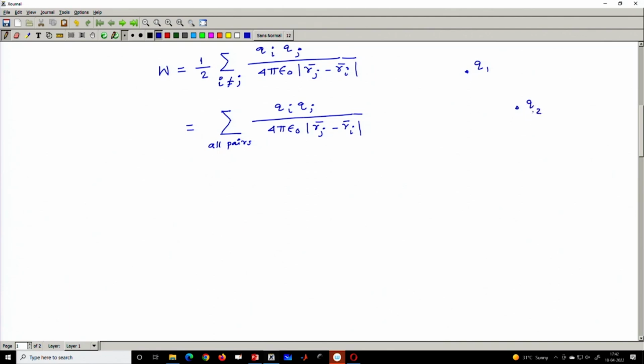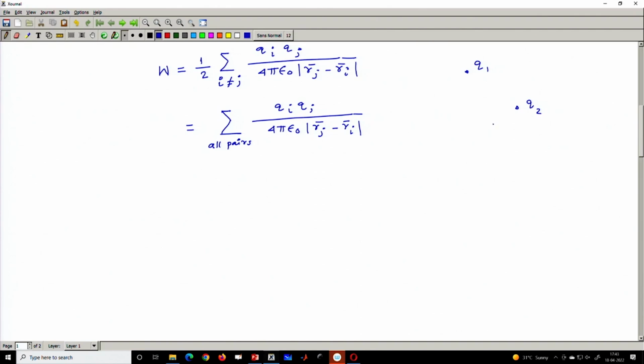Otherwise, I can take i as 1 and j as 2, and also i as 2 and j as 1, so I calculate it twice. To avoid this I put a half here, but I can avoid the half by summing over all pairs, so Q1 Q2 behaves like one pair and there is only one calculation, Q1 multiplied by Q2 divided by 4 pi epsilon 0 times R2 minus R1.